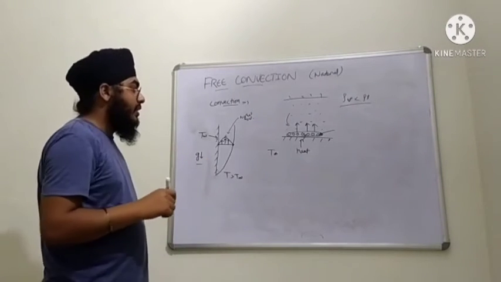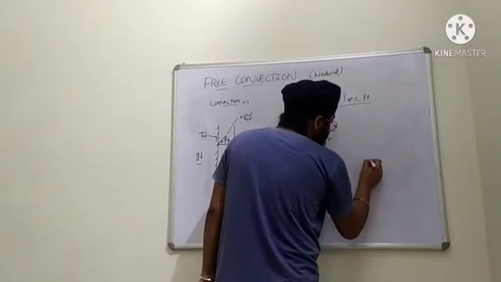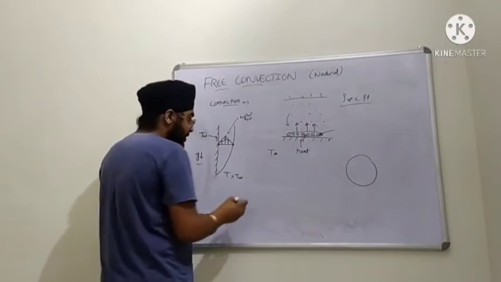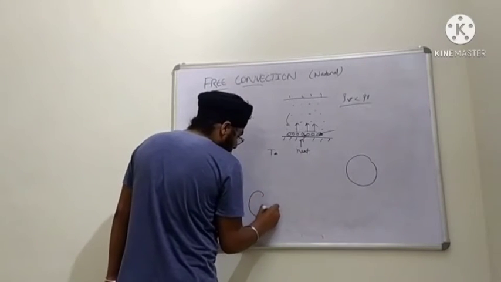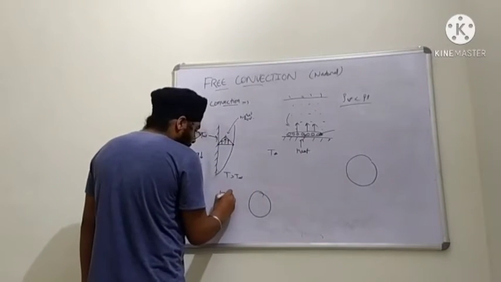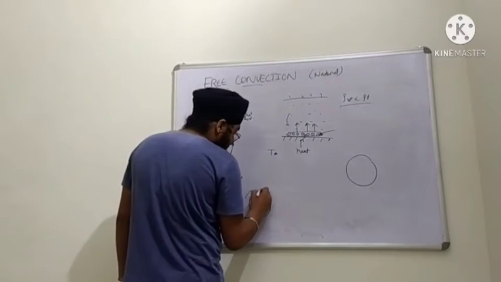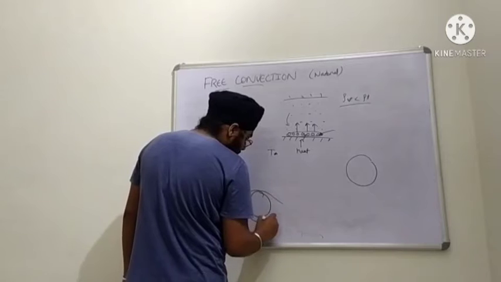After this we are going to discuss a cylinder. In forced convection we discussed the cylinder, and what we did was a fluid was coming and this was happening because of the forced convection.